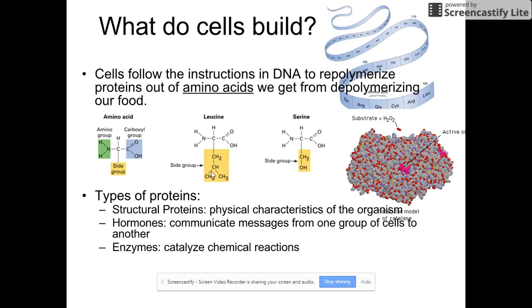So leucine has a side group that's very different from serine's. Leucine's side group is going to have all nonpolar bonds, meaning it can participate in boring IMFs. The boring IMFs are London dispersion forces. But serine, on the other hand, can participate in IMFs like dipole-dipole or perhaps hydrogen bonds. And that's because it has a polar hydroxyl group there.